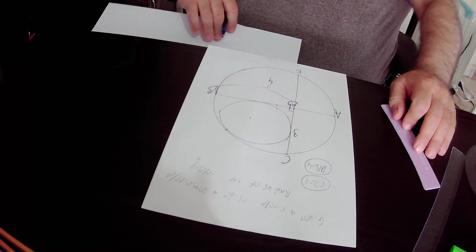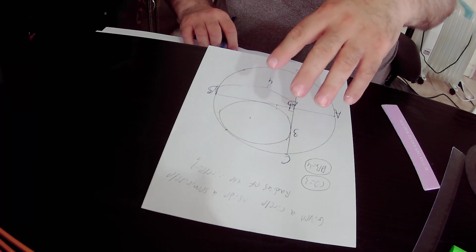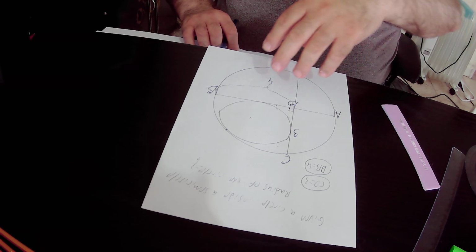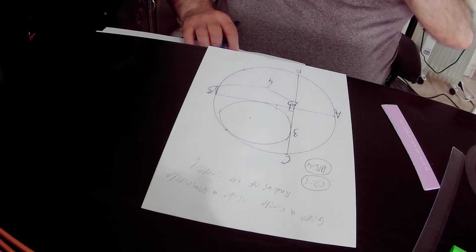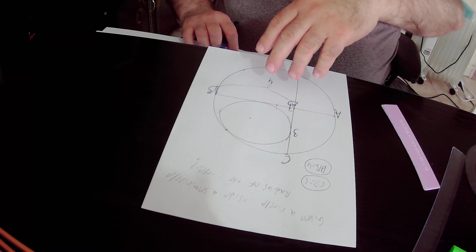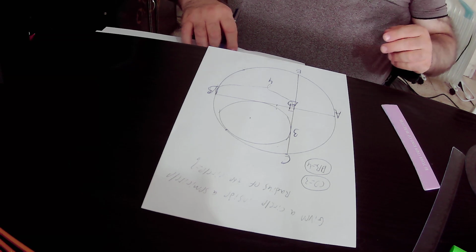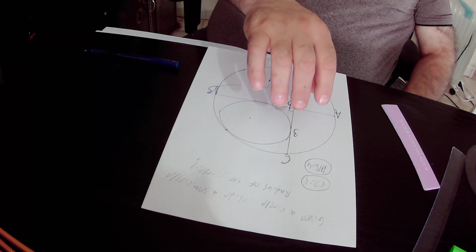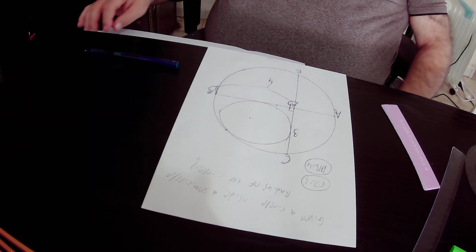And actually we did a construction from the semicircle. We created a circle. Actually we created another semicircle. This is the second semicircle, and this semicircle is the mirror image of the original semicircle.